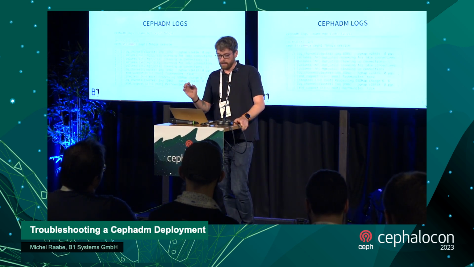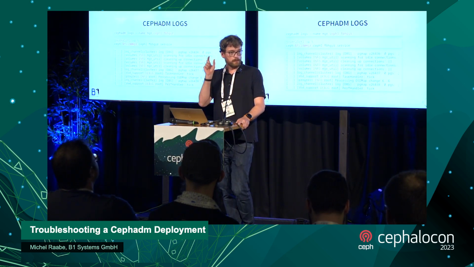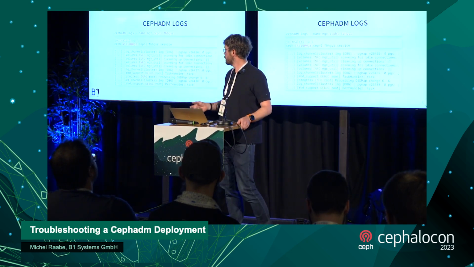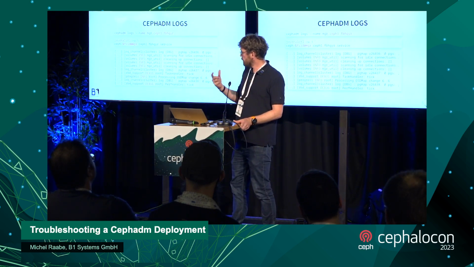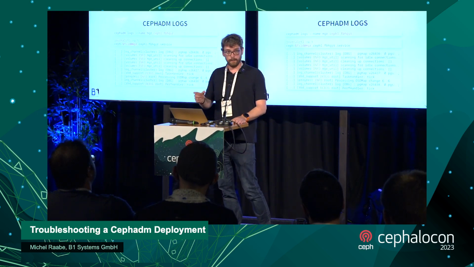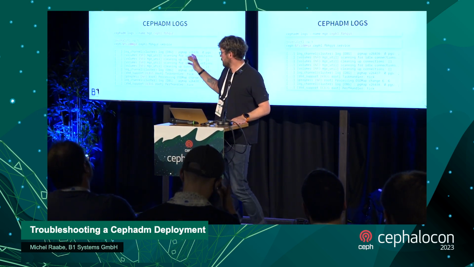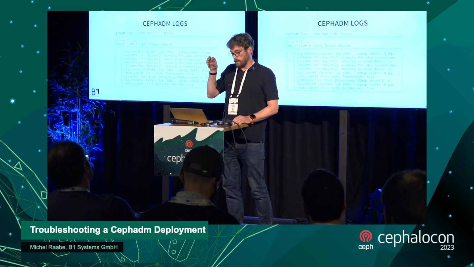Then we have the cephadm logs command. So I mean the tool where you bootstrap the cluster. The cephadm CLI provides a logs subcommand followed by the name of the manager or the daemon you want to see. This is only valid for local installations.